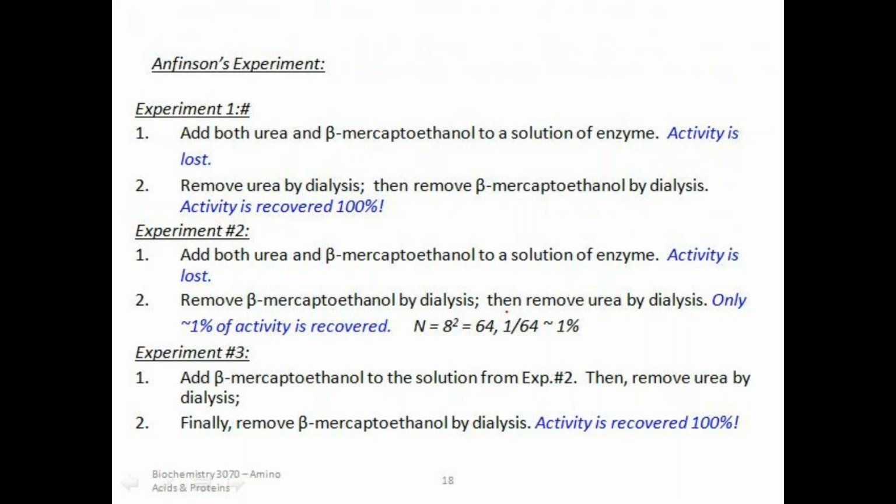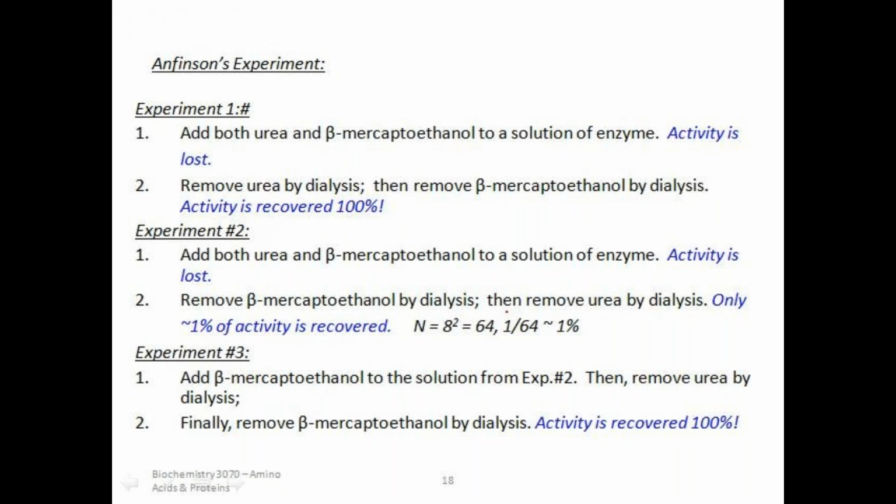But he observed that only 1% activity is recovered. Why? Beta mercaptoethanol is the one that forms the strongest bonds, the disulfide bonds. Hence, due to its removal first, the activity is a lesser percentage.